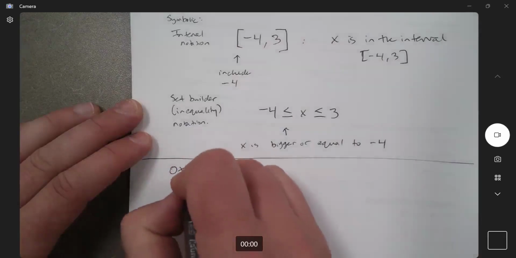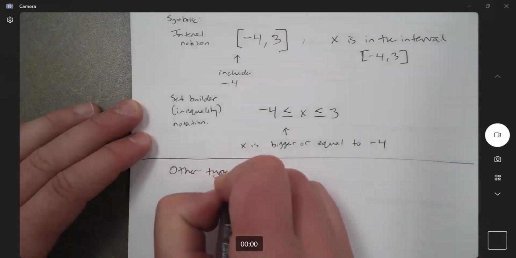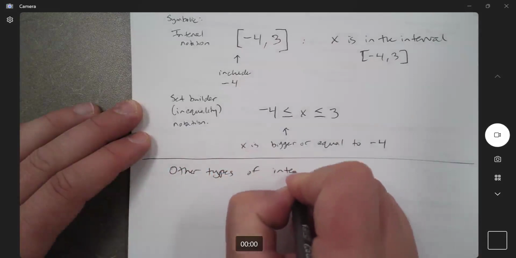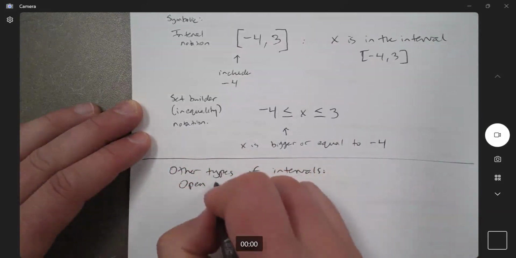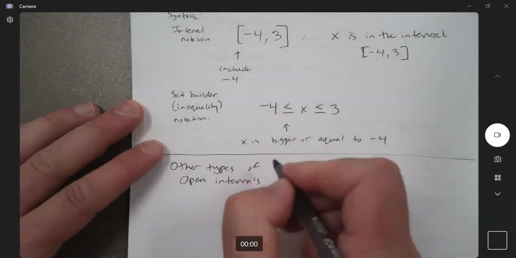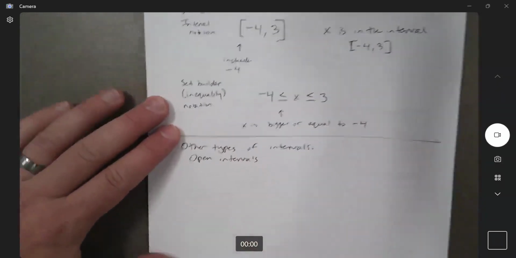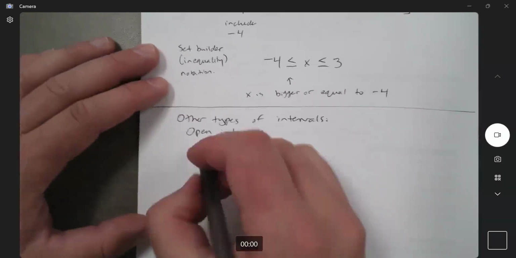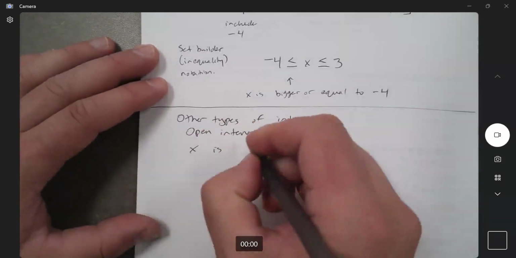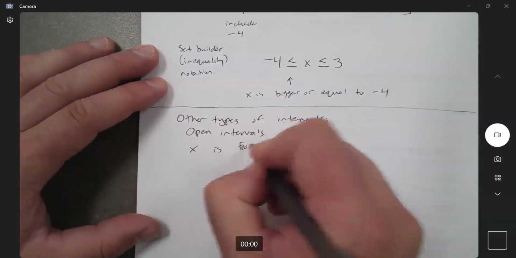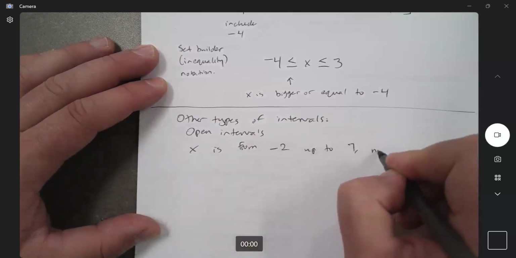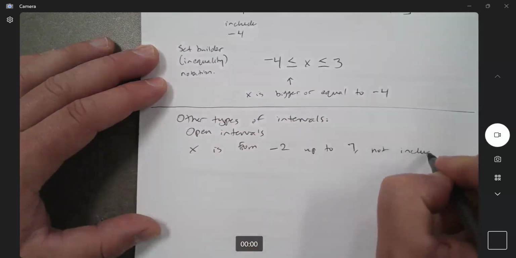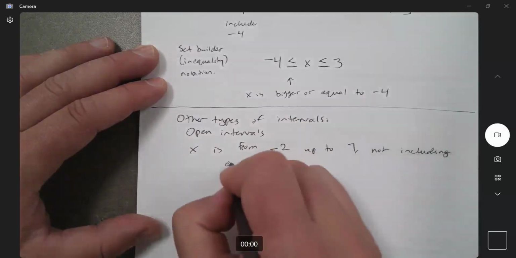Other types of intervals. We have open intervals. So what if I have x is from -2 up to 7, not including the endpoints.